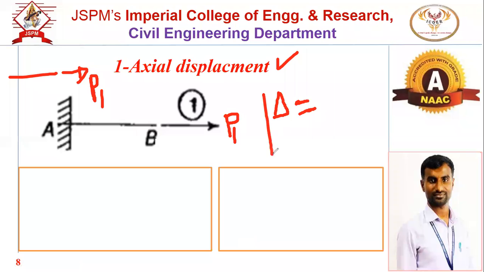So this is the basic concept. What is the formula and what is the hint? Hint is SOM unit number 1. Delta L is given by the elongation or contraction due to the axial load.